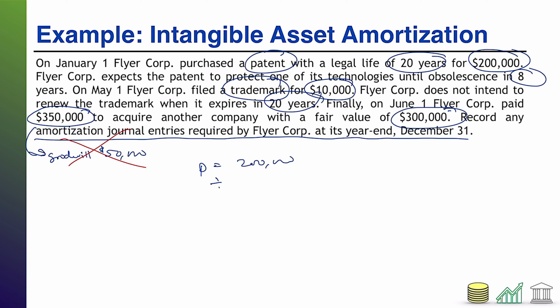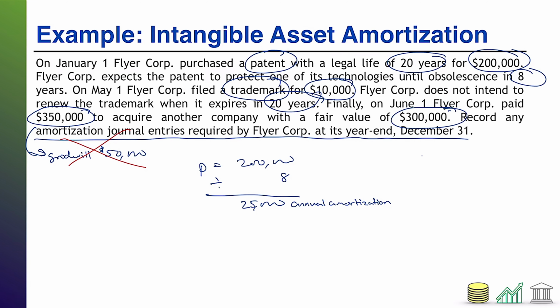So you've got 20 years, you've got 8 years. The rule of thumb is you must amortize over the shorter of the two, and so we are going to divide that $200,000 by 8. I believe that comes out to $25,000. So that is the annual amortization on the patent.